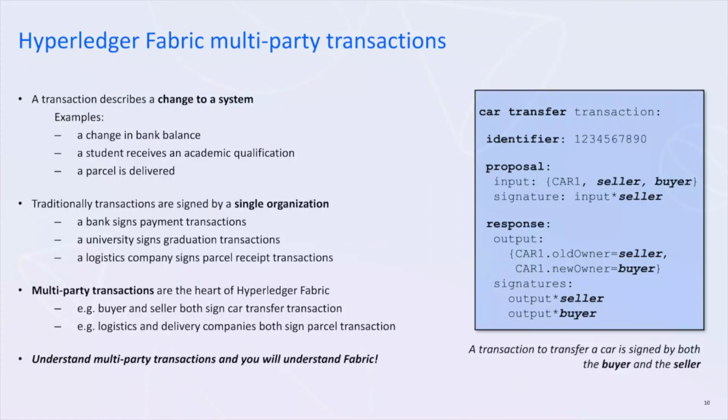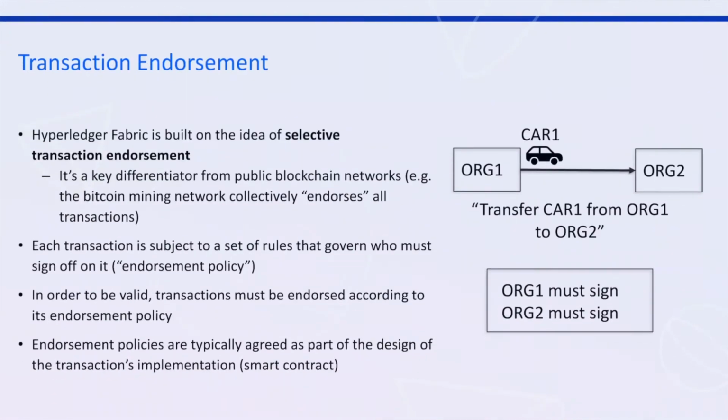So more than one party is involved. On the right-hand side of this infographic is pseudocode illustrating the fields required for a transaction. It depicts a car transfer, where we have an identification for the asset, a buyer and a seller, and both of them have to sign the document.